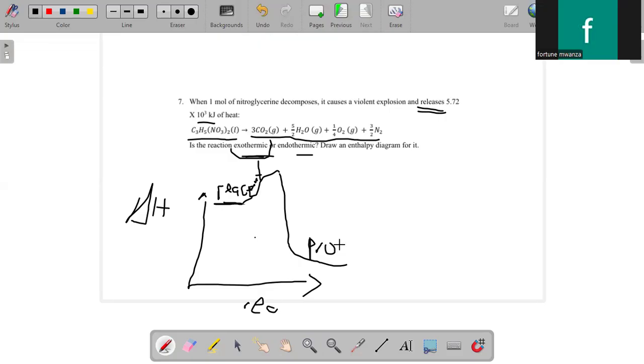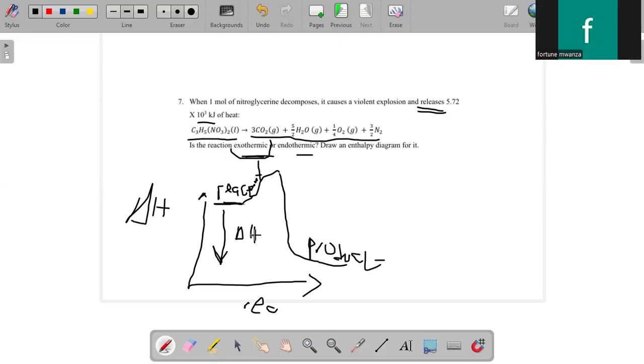Meaning the reaction is progressing from the reactants to the products, you have a downward change in enthalpy there.